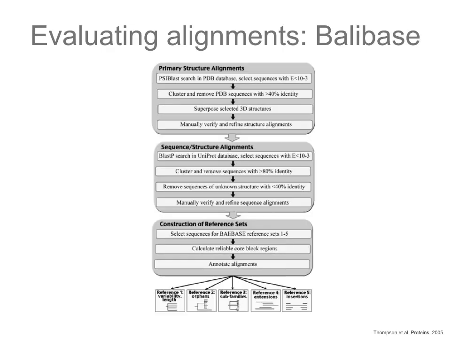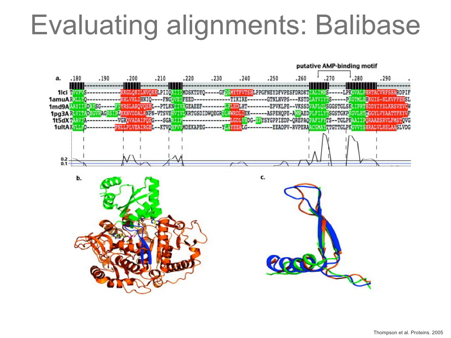Something similar can be done for multiple sequence alignment. And that was, in the early 2000s, the BAliBASE project, which aimed at generating a reference dataset which was based on structural alignments. Here you see such a picture.